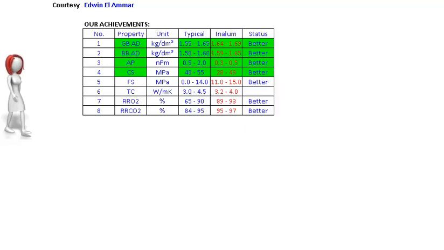5. FS. Typical 8.0, 14.0. Inalum 11.0, 15.0. Status better. 6. TC. Typical 3.0, 4.5. Inalum 3.2, 4.0. 7.